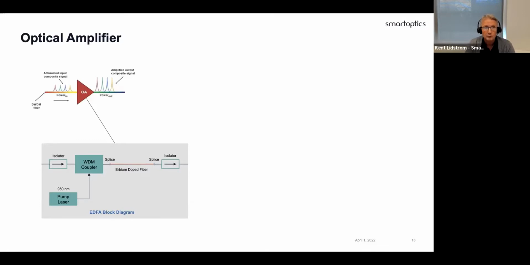You splice in an erbium doped fiber piece there, maybe 10 meters of erbium doped fiber, and then you go through an isolator again.